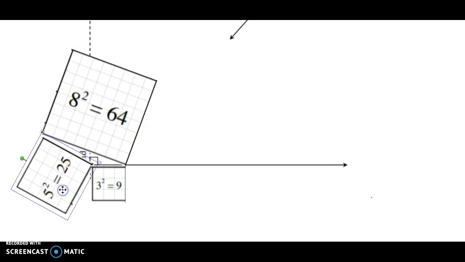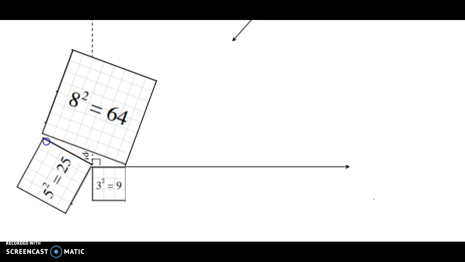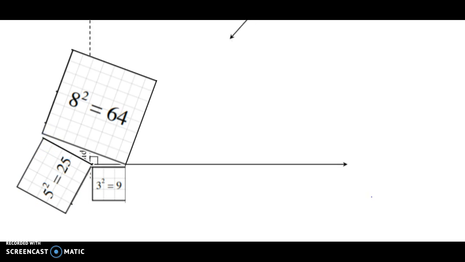If you look, I have created a triangle using the 8 by 8, the 5 by 5, and the 3 by 3. Mine is moving a little because I don't have a paper and pencil per se. But you can see that this side is 5, this side is 3, and this side is 8. I've created an obtuse triangle because it has an angle greater than 90 degrees and less than 180.